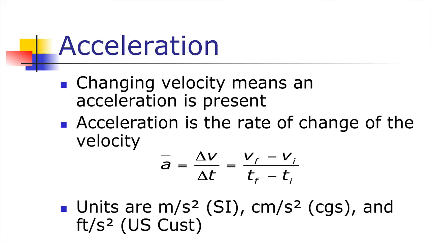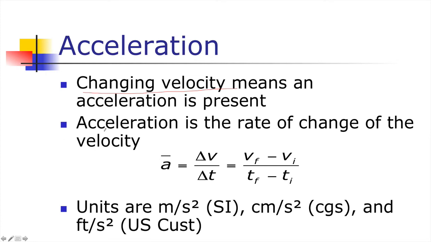At the definition given here, it's the change in velocity. So you need to have a velocity change, the change in velocity over time. Changing velocity means an acceleration is present.